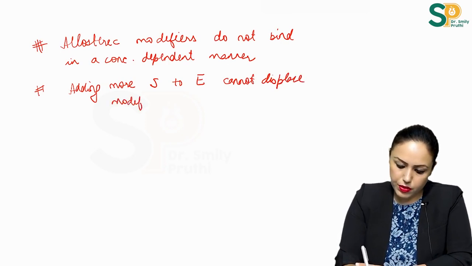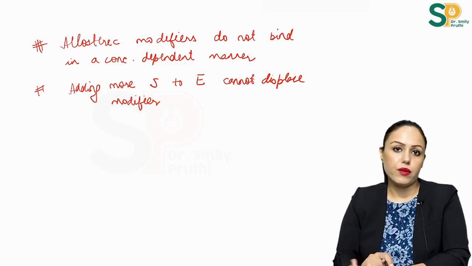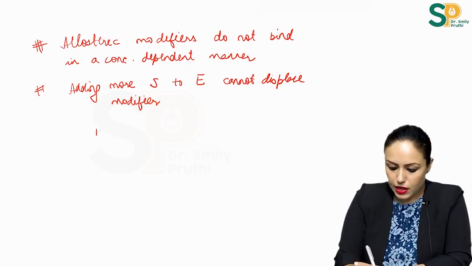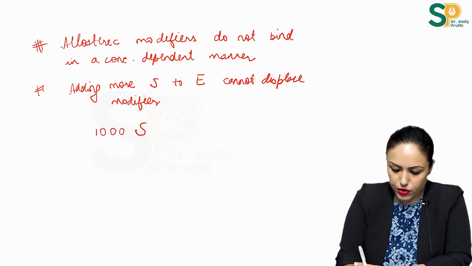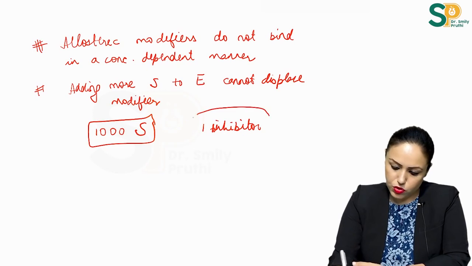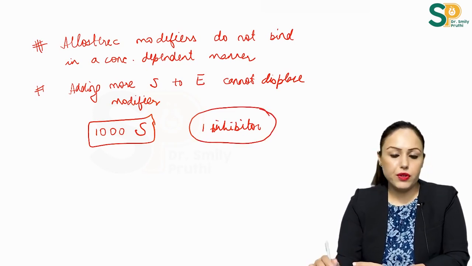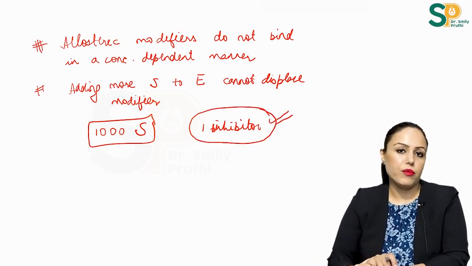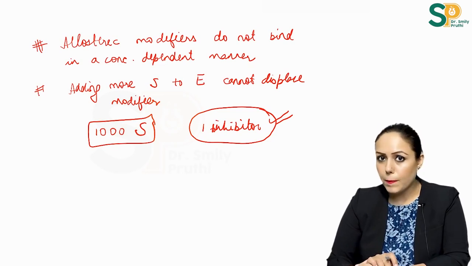What this means is, let's say there are 1000 molecules of substrate and only one molecule of inhibitor. So here only one inhibitor will inhibit the enzyme and the reaction will not occur.